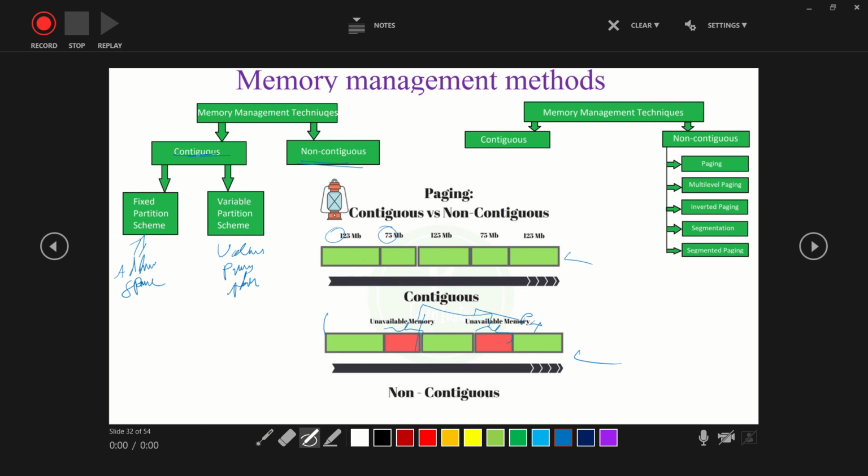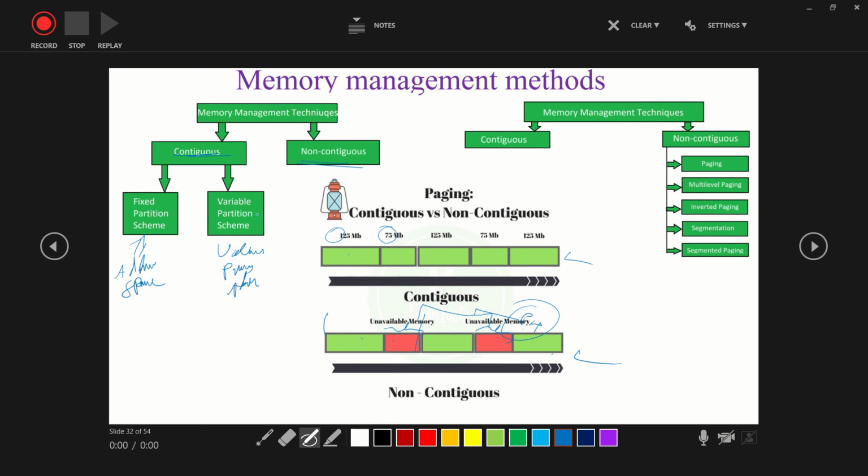What is meant by contiguous? It allocates the memory for the process regularly. At the same time, if a process does not utilize the memory allotted for its usage, that unused memory can be collected and allotted to another process; that is called non-contiguous memory, right?